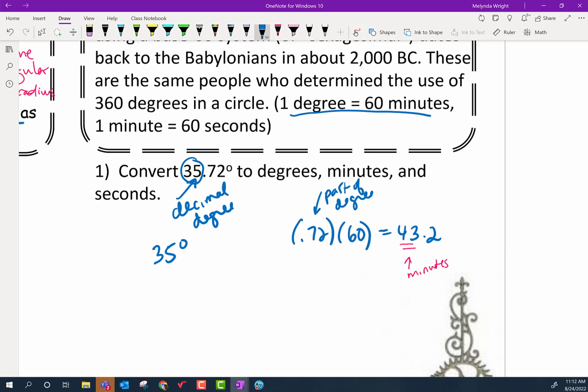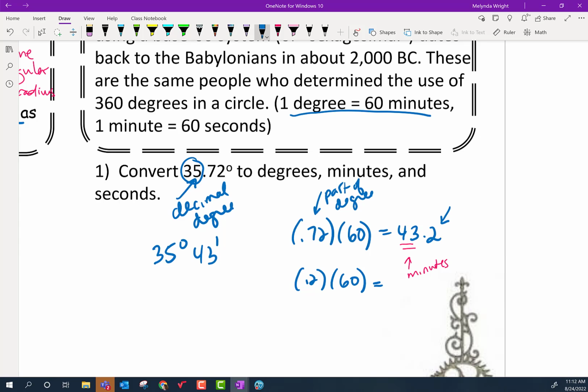So let's go back to our answer. 35 degrees, 43 minutes. Now we have this fractional piece, 0.2, that's 0.2 of a minute. It's part of a minute, right? It's not a whole minute. So we're going to take that fractional part of a minute and turn it into seconds. We take the 0.2 and multiply it by 60 because there are 60 seconds in a minute.